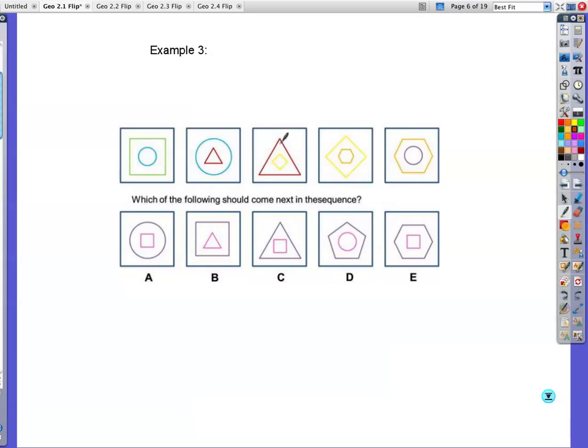Then a red triangle on the outside with a yellow square on the inside. Notice what's happening: blue circle, then blue circle again; red triangle, then red triangle again. I had a yellow square, now the yellow square is on the outside. The hexagon moved to the outside. So if I'm predicting right using inductive reasoning, this circle should be on the outside. Looking across, the only one on the outside is choice A. It doesn't even matter at this point what's on the inside.